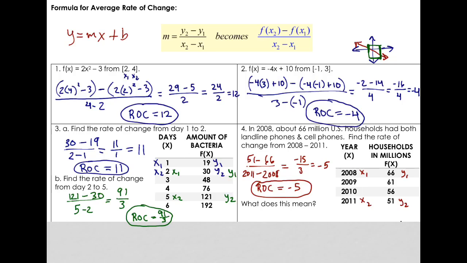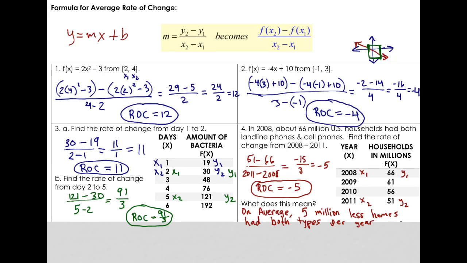So what that means is, on average, 5 million fewer homes had both, let's just say types, to limit the writing, per year.